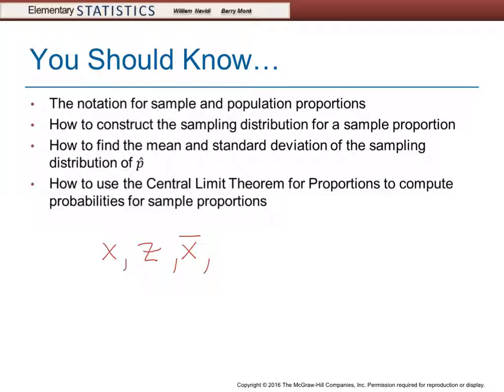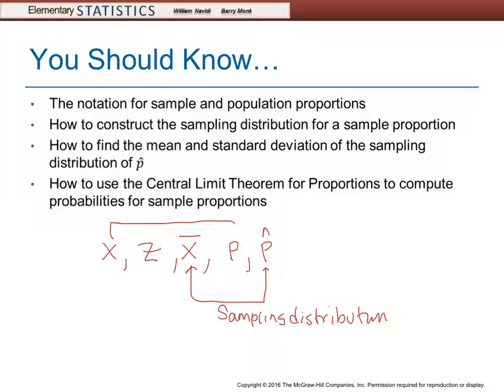We've also looked at p and the random variable p hat. These two variables have sampling distributions, which we've looked at so far.